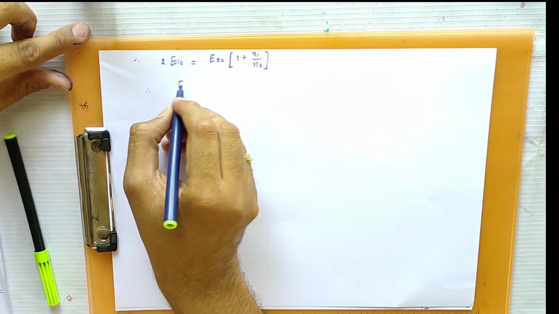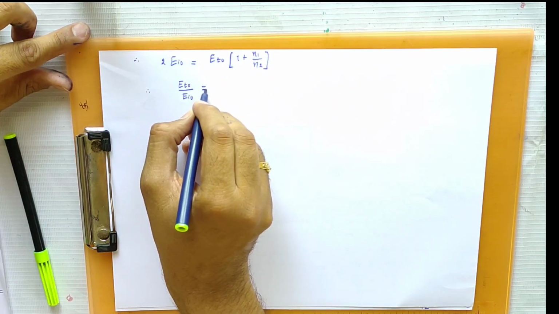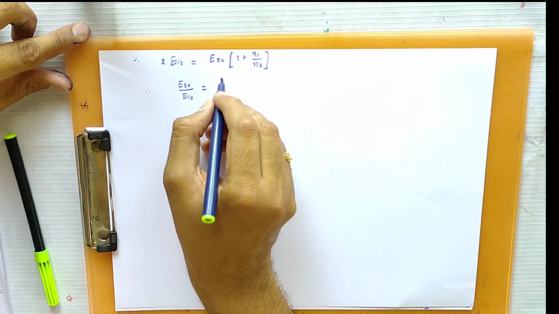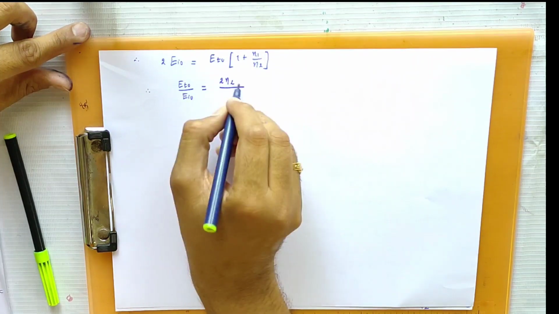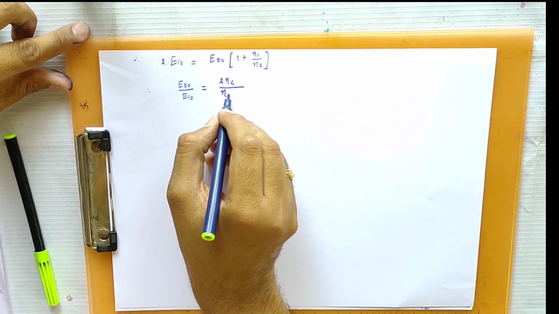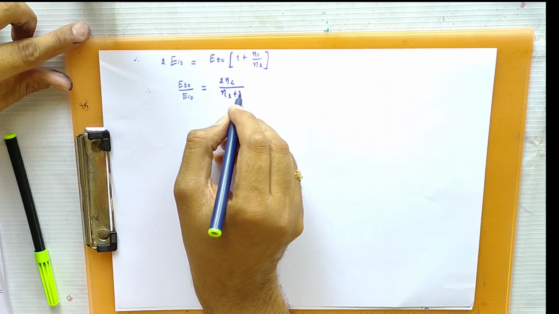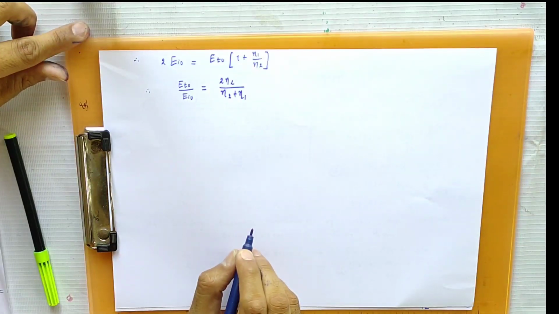So ETO upon EIO is equal to 2 times eta 2 upon, is it correct? Yes, it is correct. Eta 2 plus eta 1.